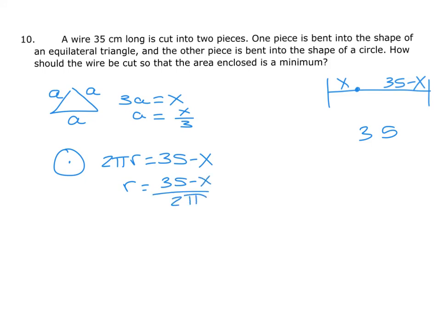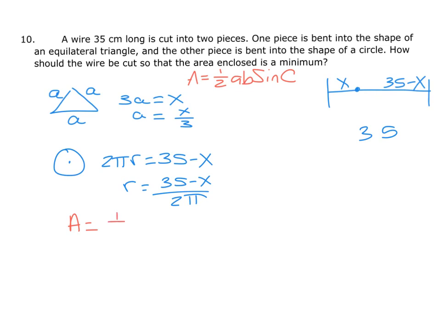How should the wire be cut so that the area is a minimum? So now here's the tricky part. Who knows what the area of an equilateral triangle is? If you think back to trig, its area is 1/2 AB sine of C, but it's 60 degrees in an equilateral triangle, so that's root 3 over 2.